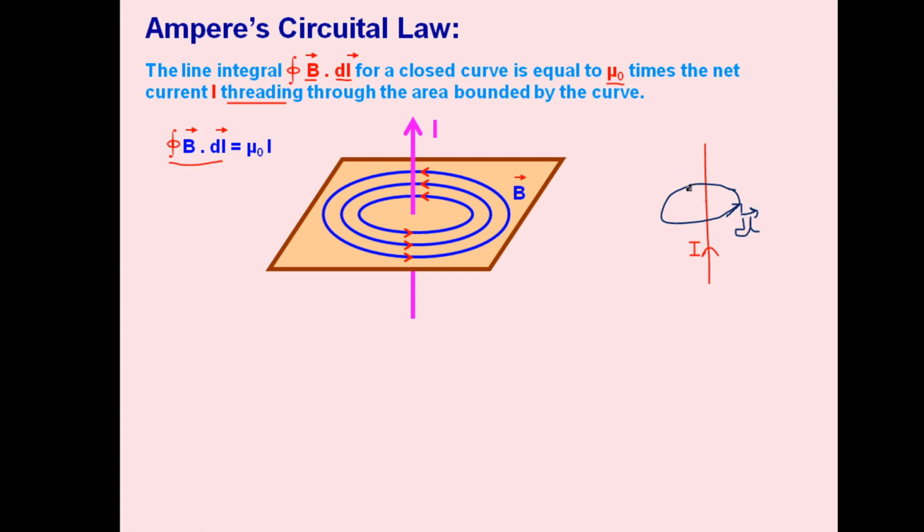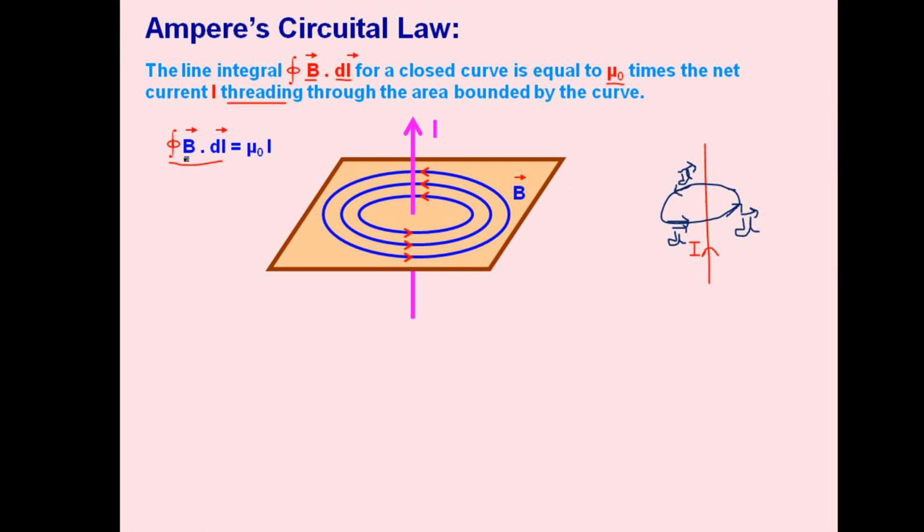At this point also we can draw element in this way. This is again dl element. We can draw here also small element dl. Anywhere we can draw the small element dl to represent the direction of current element. So its direction and magnetic field direction is obtained by the same rule. This is dl vector, and this one is also dl vector.